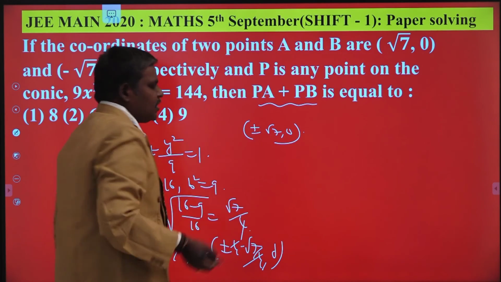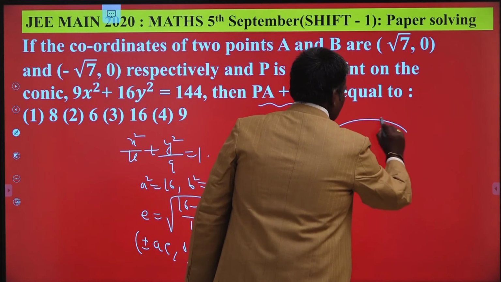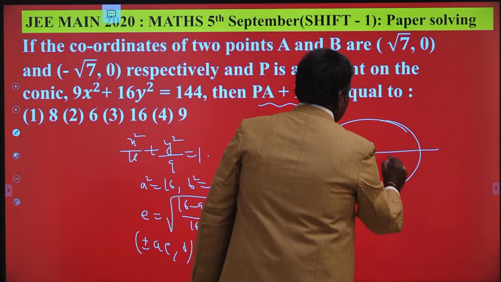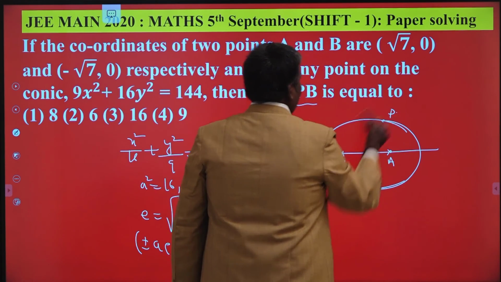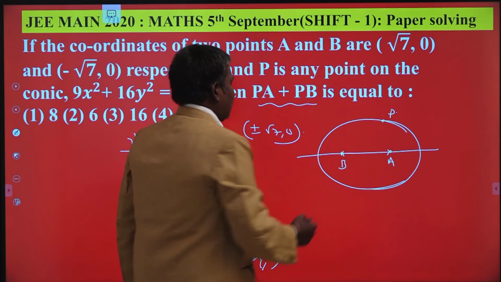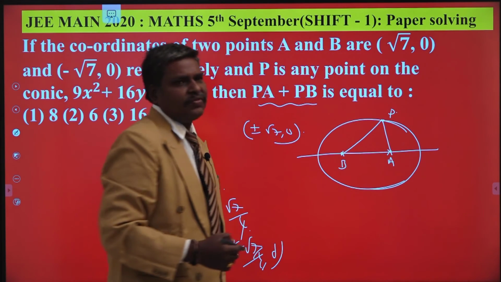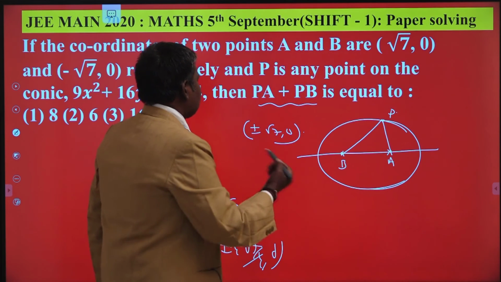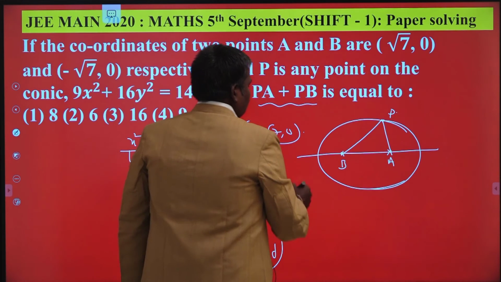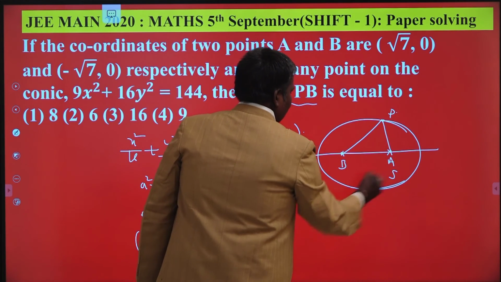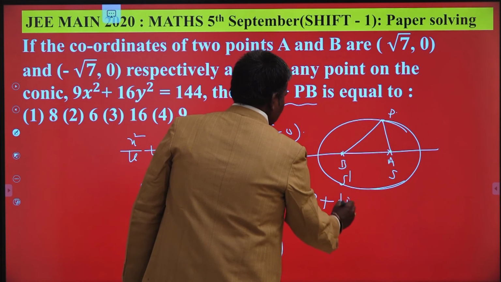So what are my A and B now? Foci. So if it is an ellipse, A and B are your foci. This is A. This is the point B. P is any point on the ellipse. Then we know that the sum of the focal distances is always equal to the length of the major axis. That is PA plus PB is nothing but SP plus S dash P. One is one of the foci, this is the other focus.